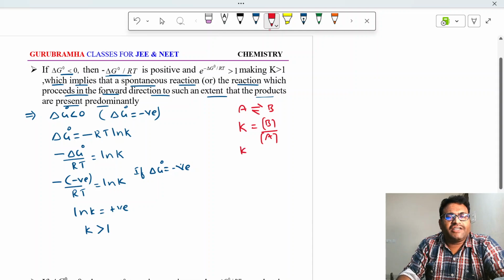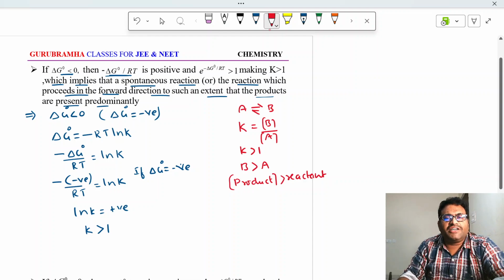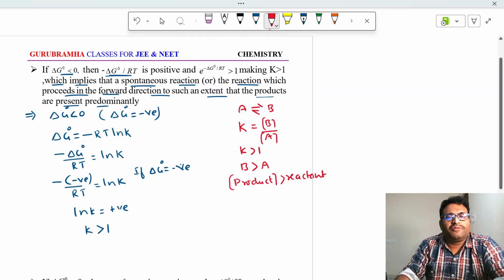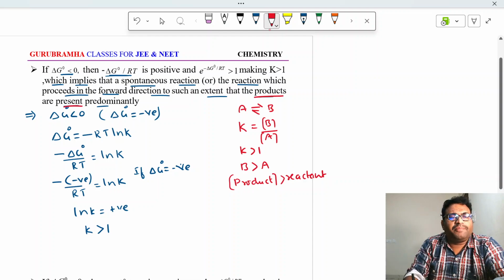So if K is greater than 1, it means the concentration of B is greater than A. That means product concentration is greater than reactant concentration, so products are present predominantly.